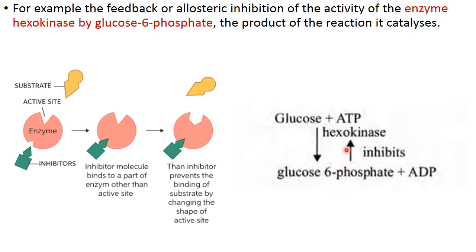अब जब ये excess form होगा, when there is excess of glucose 6 phosphate formed, then this is going to act as an inhibitor. That means this is going to attach where? Here. That means glucose 6 phosphate will get attached to the enzyme. What will be the enzyme? Hexokinase. As a result of attachment of glucose 6 phosphate to the enzyme hexokinase, that is going to inhibit, what are the two initial reactants?